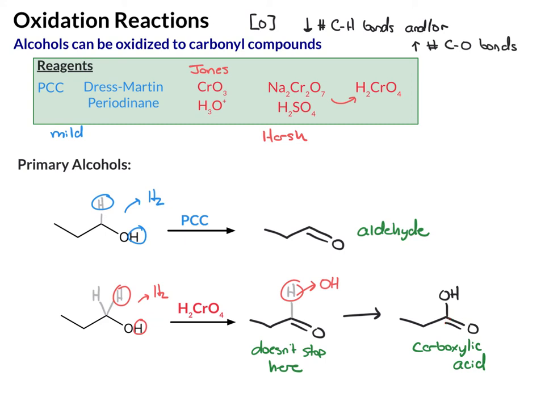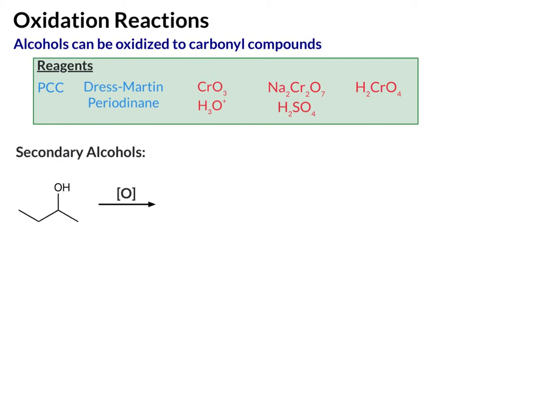So with primary alcohols, you're going to see a big difference in whether you use a mild or a harsh oxidizing agent. Next, let's look at the oxidation of secondary alcohols. With secondary alcohols, we have one hydrogen on the carbon bearing the OH. So there's a hydrogen here, and we can lose this H and this H across the bond. When we draw the product, we get a double bond O there.